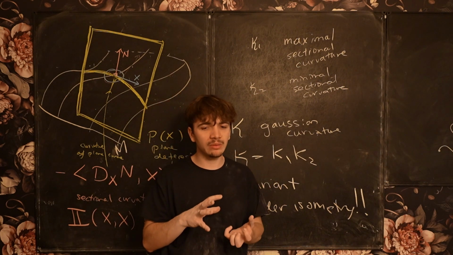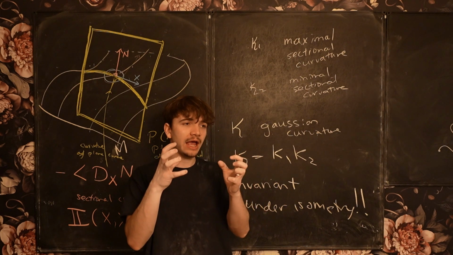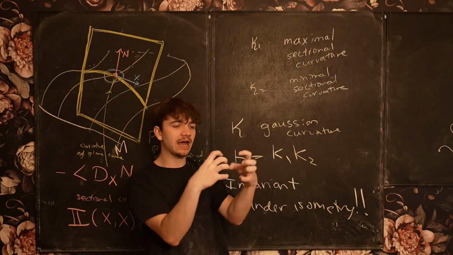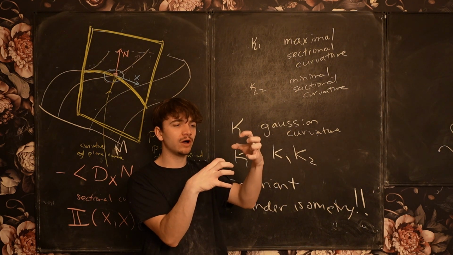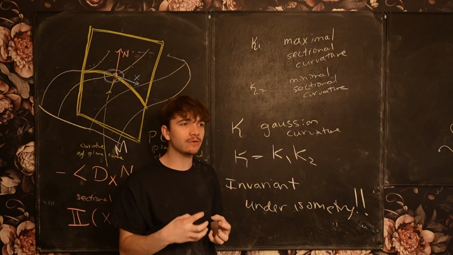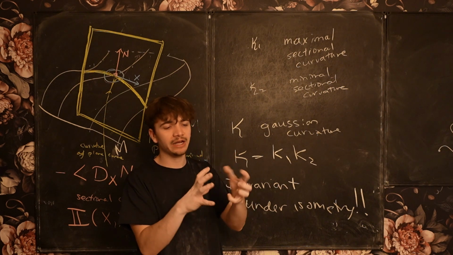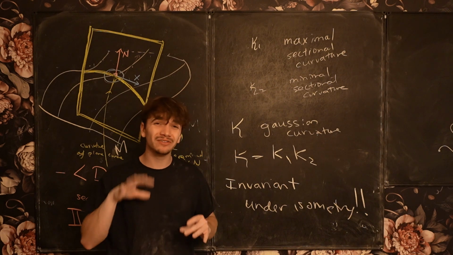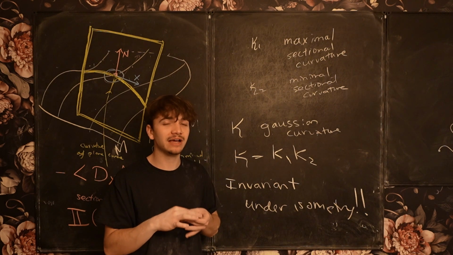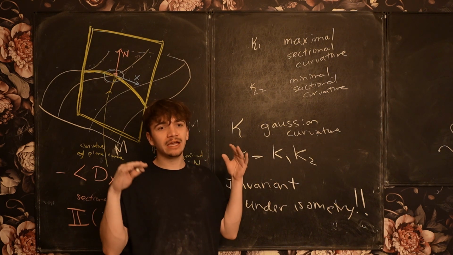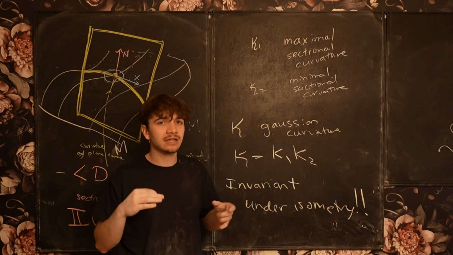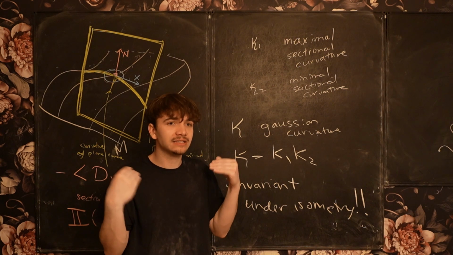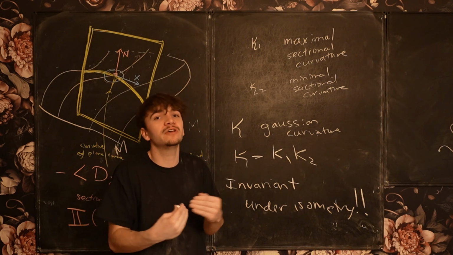With a homeomorphism, I could take a sphere and picture it as a piece of Play-Doh and mold it however I want. As long as I don't tear that Play-Doh, that's a homeomorphism. And the idea is that the integral of the Gaussian curvature over the entire surface is basically a fixed constant times the Euler characteristic, which is invariant under homeomorphism.